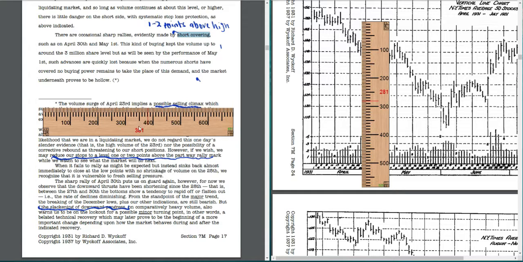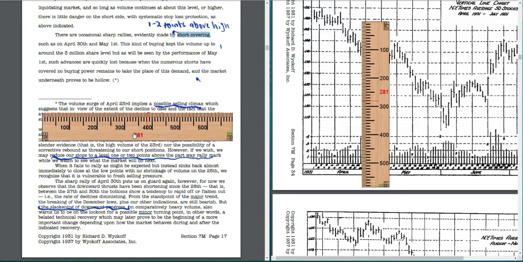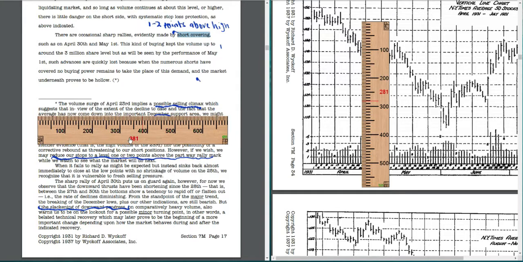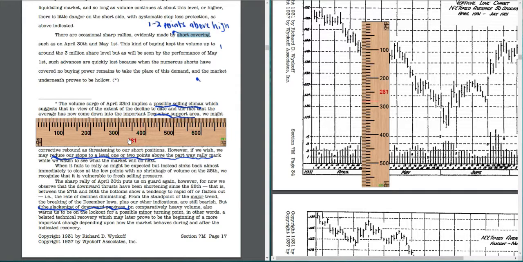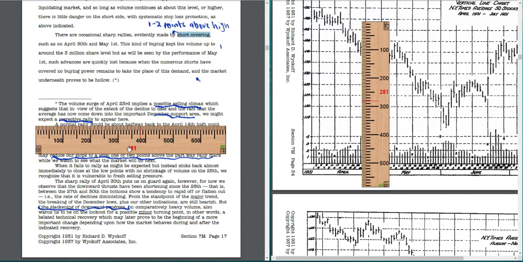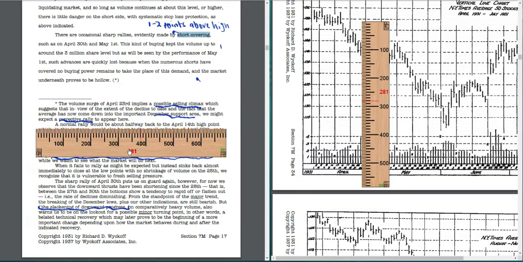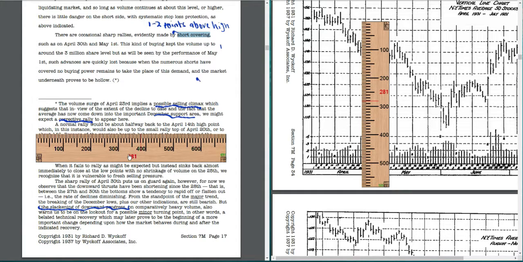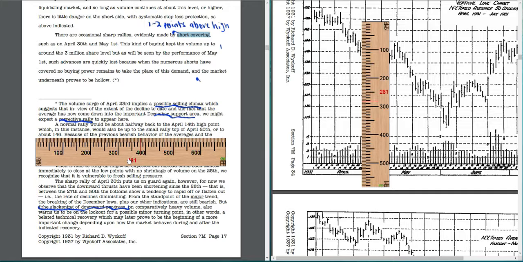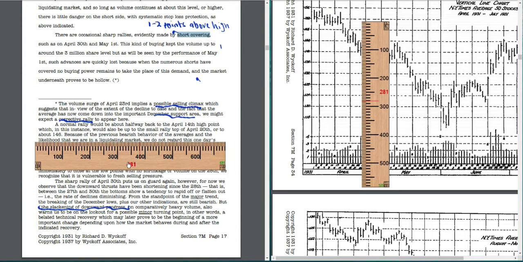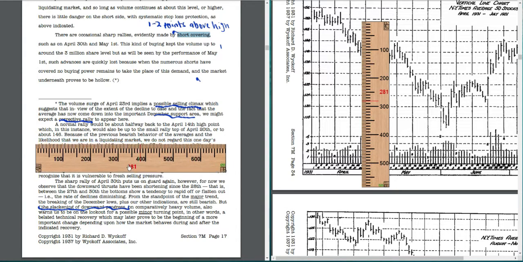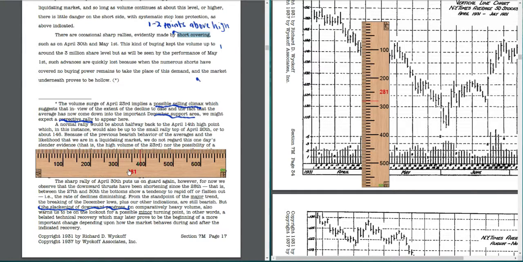The volume surge on the 23rd implies a possible selling climax, which suggests that in view of the extent of the decline to date and the fact that the average has now come down to important December support area, we might expect a corrective rally. A normal rally would be about halfway back, which in this case would be up to about 146 because of previous bearish behavior of the averages and the likelihood that we are in a liquidating market.